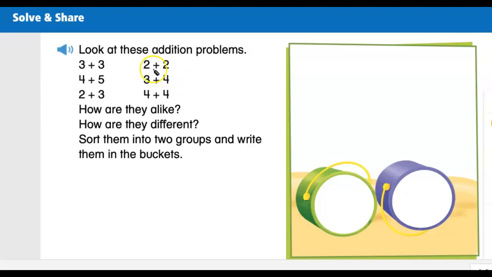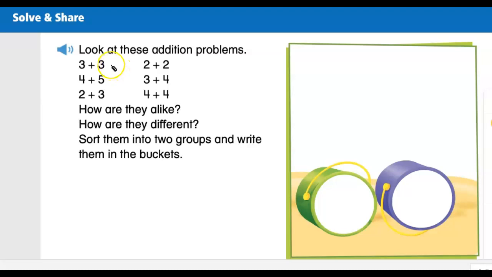Well, let's look at all of these addition problems. So in our last lesson, we learned about doubles, meaning that there's two numbers that are exactly the same. Do you see any doubles in these addition problems? That means whatever number plus another number would be exactly the same.